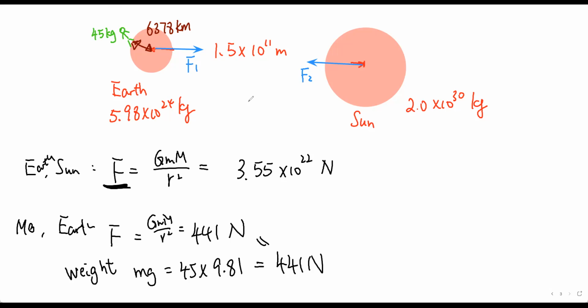Now F1 and F2 they are equal because of Newton's third law. They are an action-reaction pair. They're the same magnitude. So you can see that the Earth is pulling me with the magnitude 441 Newton. And actually, the Earth is also attracted by me with the magnitude 441 Newton.